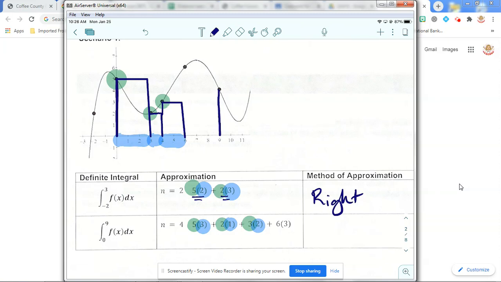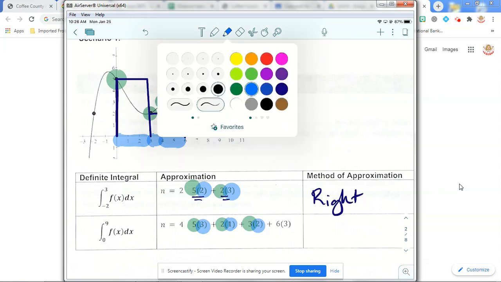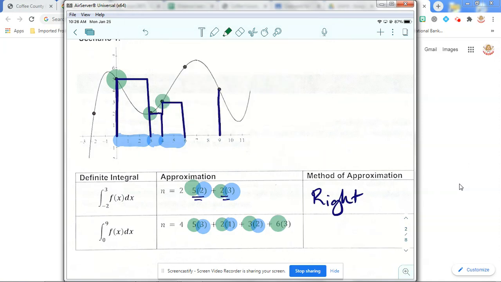Okay, and then one more to go. We have 6 times 3, so 6 should be that height, and it is. 3 should be how wide this last rectangle is going to be, 3 units wide. My rectangles are kind of jacked up, but that's okay.